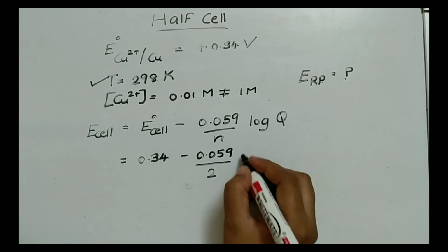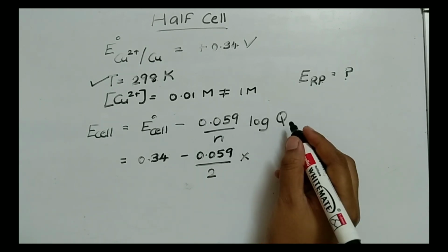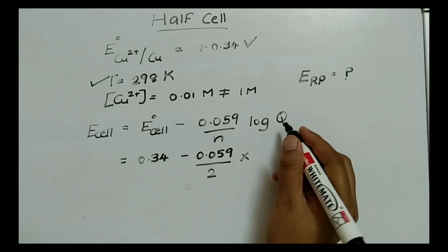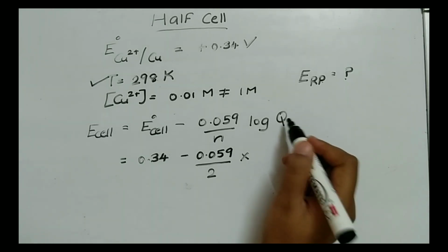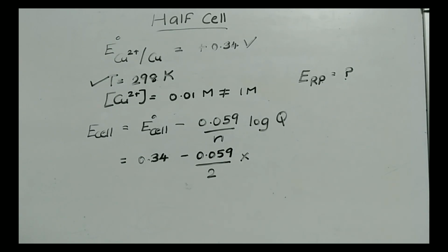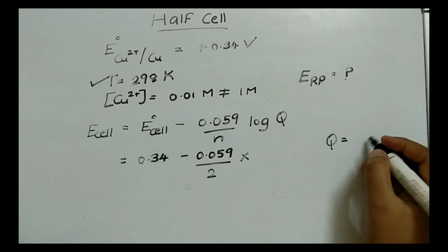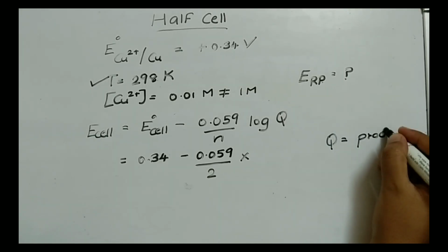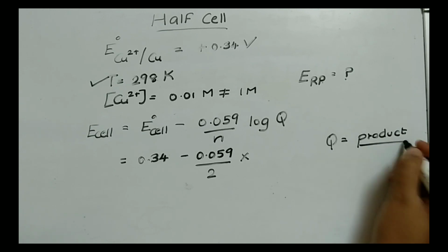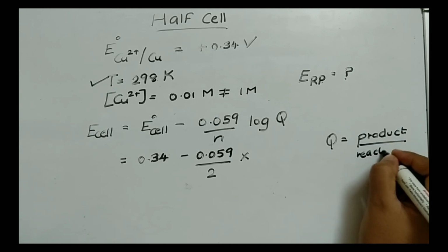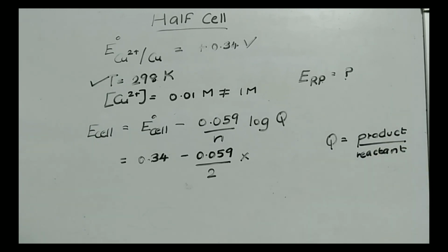Into log of Q. Now how to calculate this Q? So Q is nothing but product upon reactant. Remember this, for a half cell it is product upon reactant.